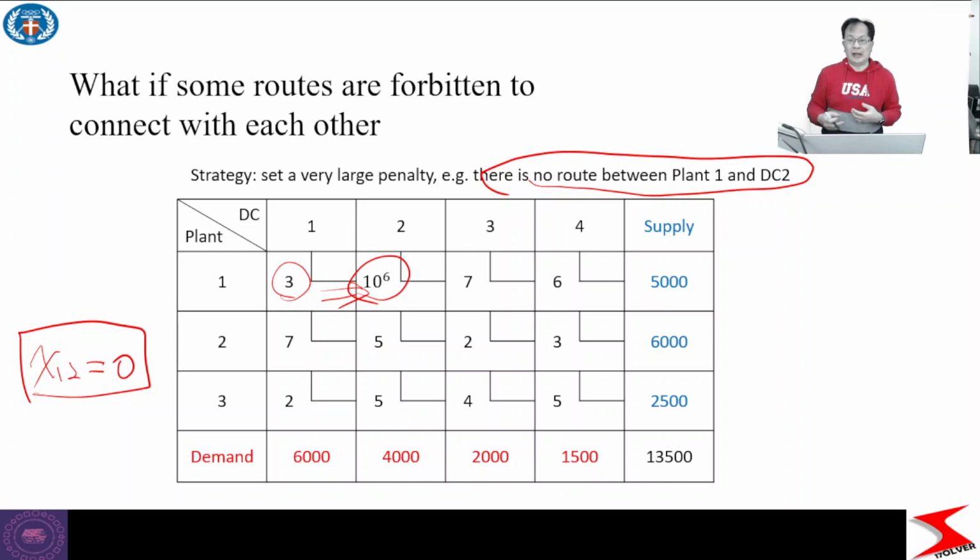But if we do something like this, we add some complexity into the model. Of course, for this very small model, it's okay if you add just 1 or 2 constraints. So either way, you can use a different strategy to handle a forbidden route.